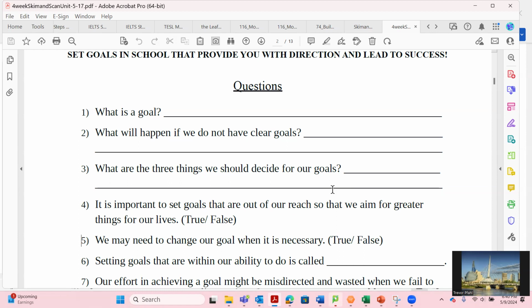Okay, it's important to set goals out of our reach and means, true or false. False. Okay, so we have trues and falses. Look at number 1 in the headings in the middle of the page. Your goals should be within your skills and ability. So I think in this section it's better to say false.